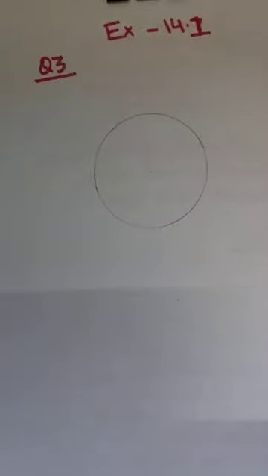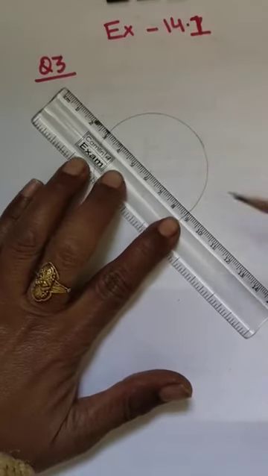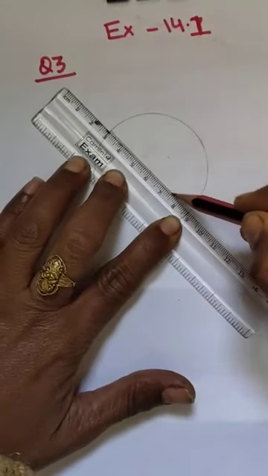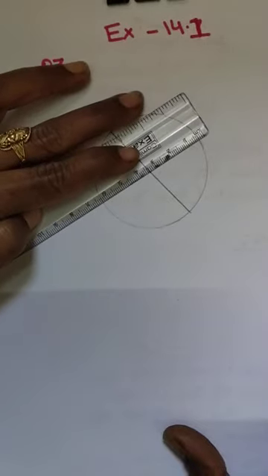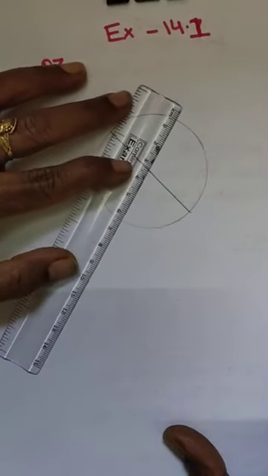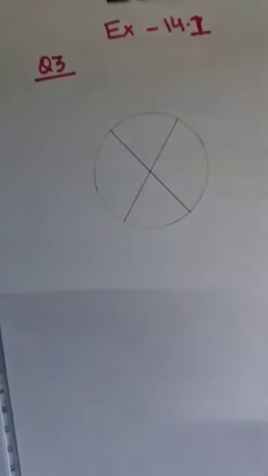So this is your circle. Now we will draw its two diameters. Diameter you know very well. They pass through the center. Okay. So these are the two diameters of the circle. Now it is asked, if you join the endpoints of these diameters, what is the figure obtained?